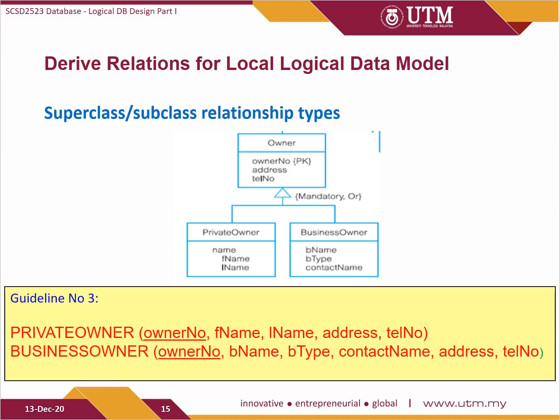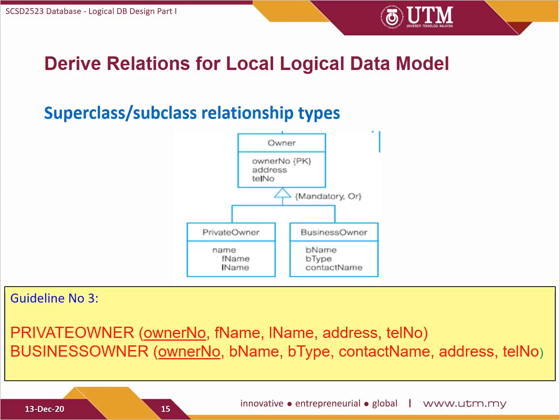This slide shows an example of a superclass-subclass relationship that has mandatory and or constraints. Based on this constraint, each member of the owner superclass must be a member of one of the subclasses, either private owner or business owner, but cannot belong to both.